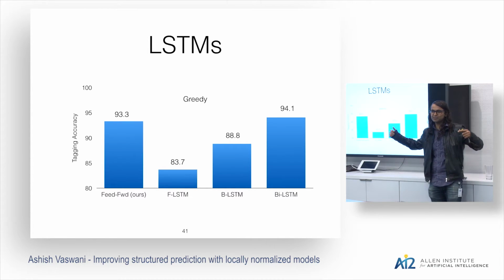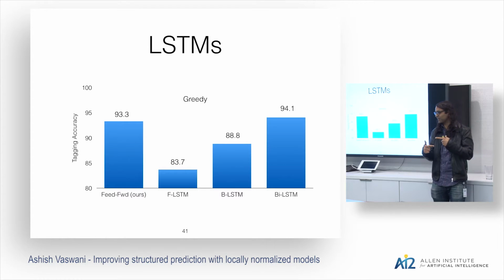So a backward LSTM for an SVO language like English is probably better. It would be interesting to try it on a different language to see how forward and backward compare. And when you combine both directions with a bidirectional LSTM, we get the benefits of both, and we get an accuracy of 94.1, which outperforms the state of the art.